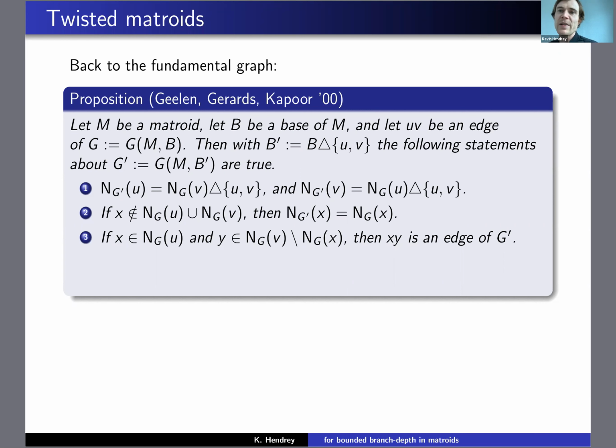Firstly, for the elements that get swapped, for example the element u, the neighborhood of u in the new fundamental graph will essentially be the same as the neighborhood of v in the old fundamental graph. Of course, u is adjacent to v and u is not adjacent to itself. If you have some element which is not a neighbor of u or v, then its neighborhood won't change.